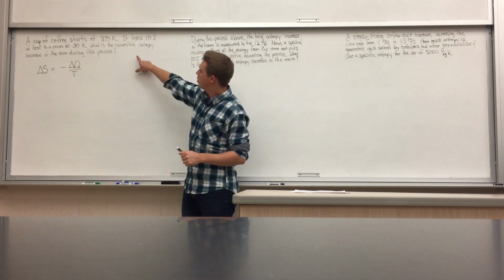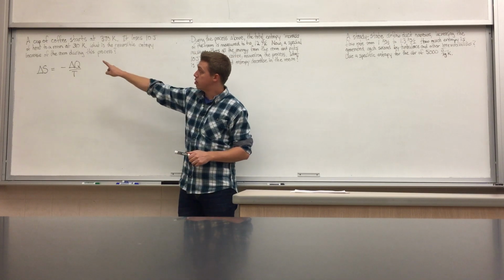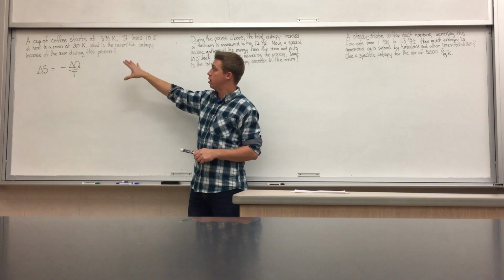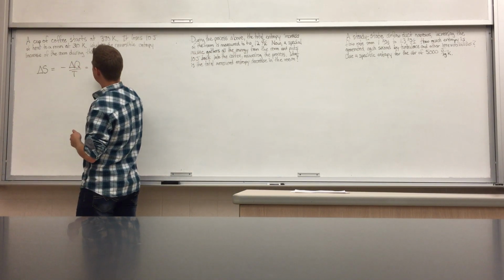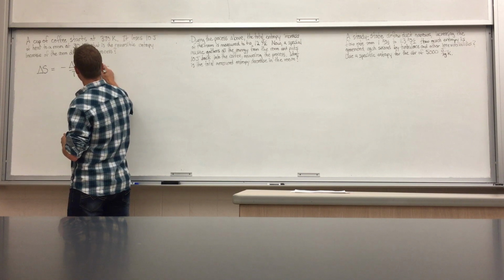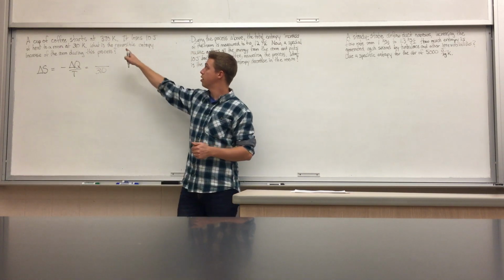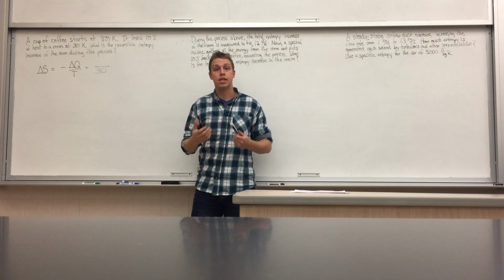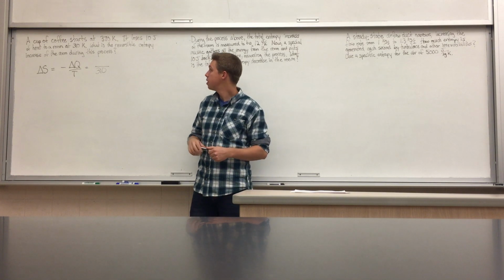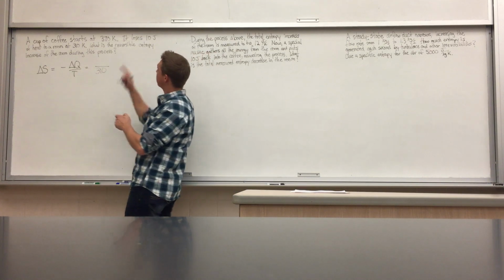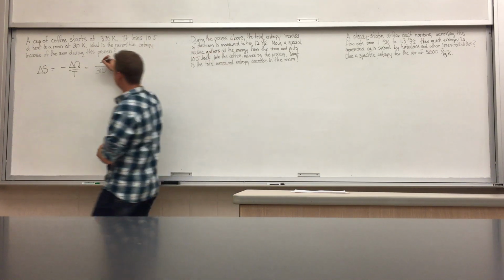Well, we're asked about the reversible entropy increase of the room. So in this problem, the T in the bottom is going to be 310 degrees. The 370 degrees is given to you to confuse you. It's not used in the problem. Delta Q is a heat loss. It loses 10 joules.